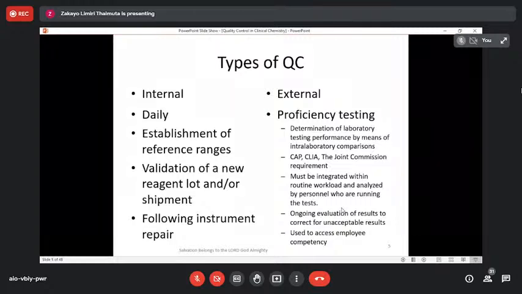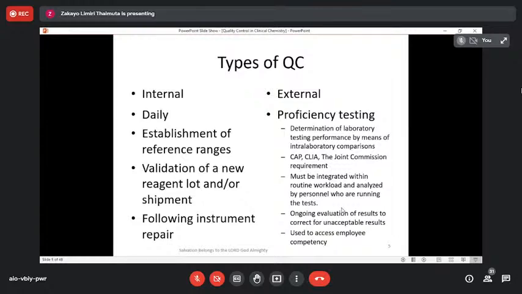What is the external quality control? Like I said earlier, external quality control is not what you have. It can come or it can be invited. For example, the KNH may want to check if the values they are reporting for creatinine are accurate.